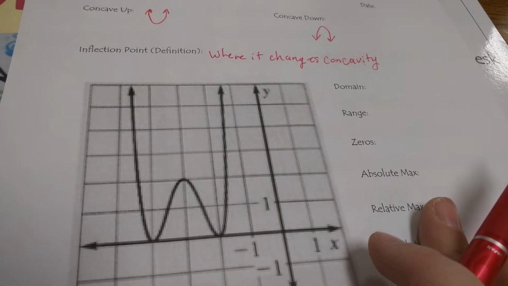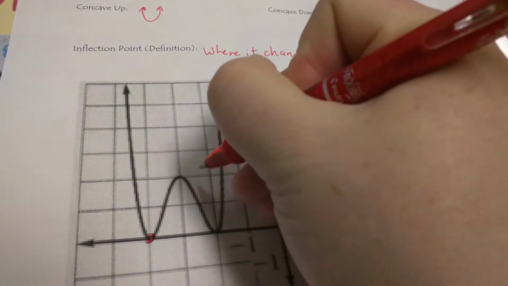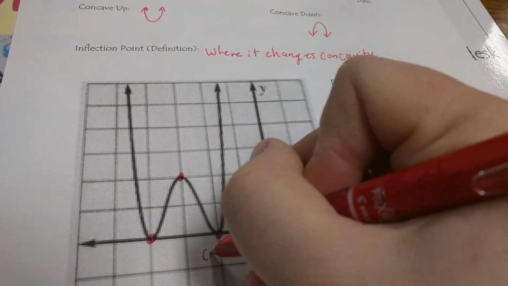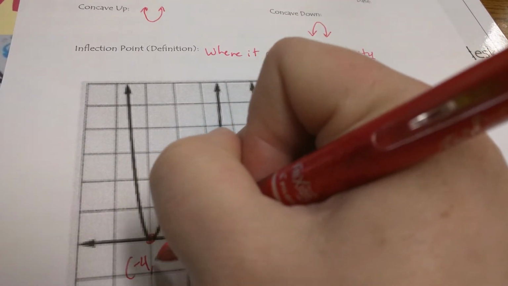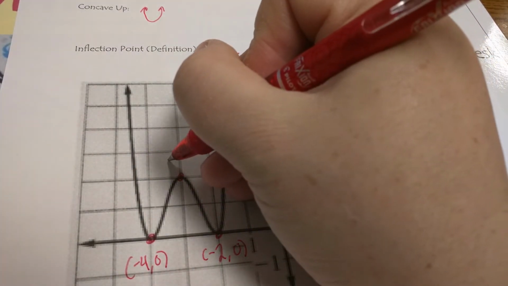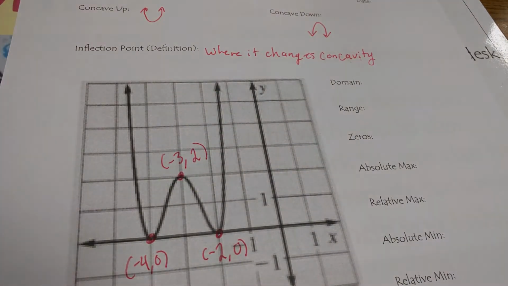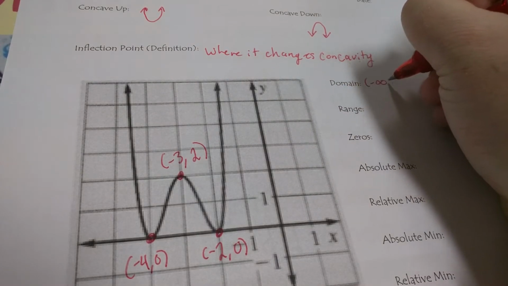Okay, so we gave you a graph here where the points were very nice and obvious to make our lives easier. So this here is (-2, 0), (-4, 0), and then this is (-3, 2). Domain-wise, there's no restrictions, so we have all real numbers.